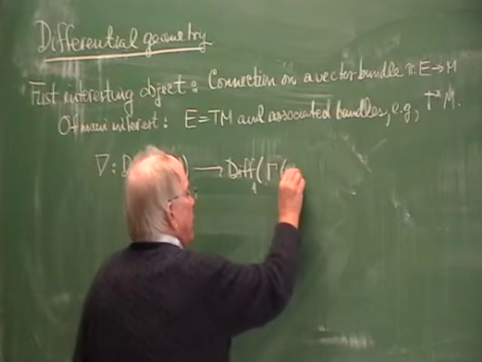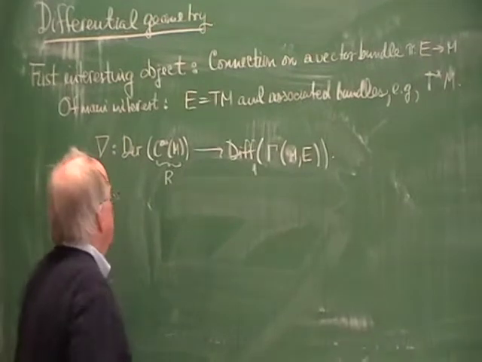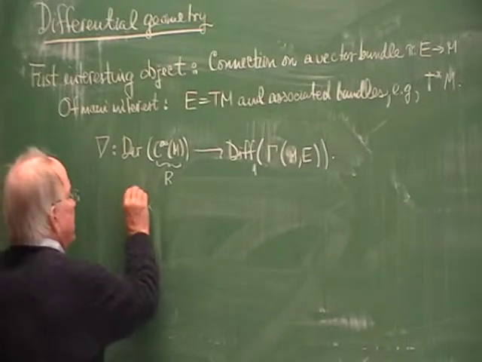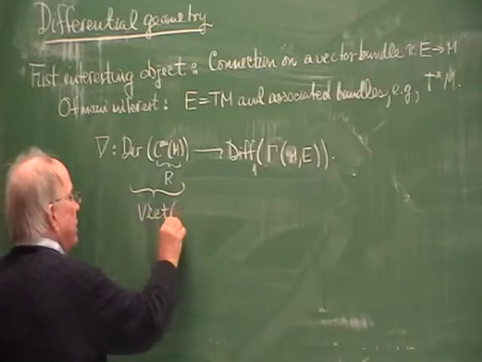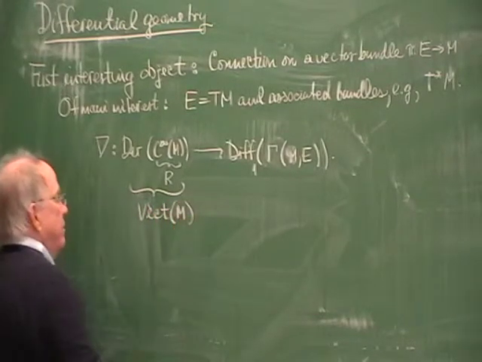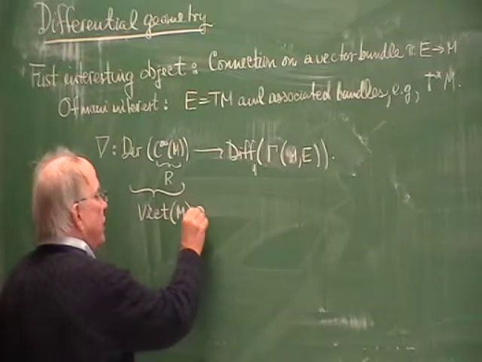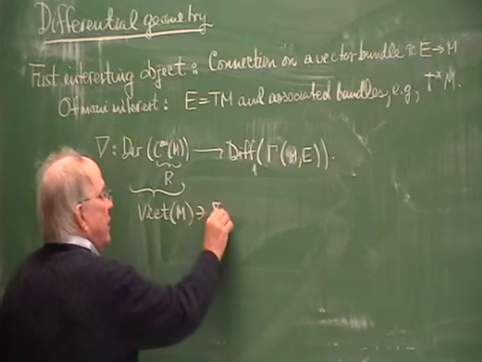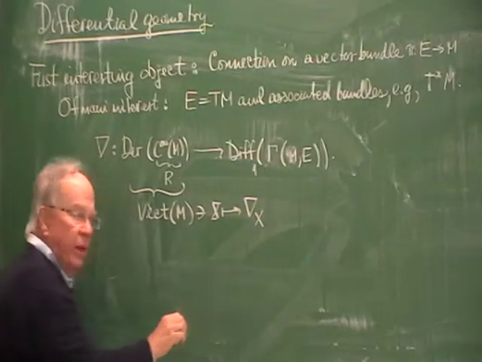You write it all out. So this guy here is just the vector fields, in our case. And the notation is nabla, the classical notation, nabla sub x.